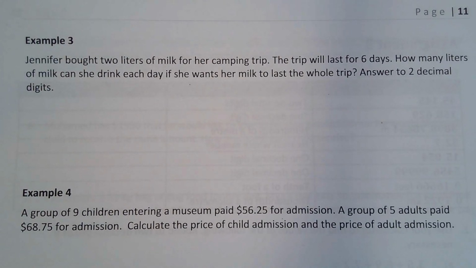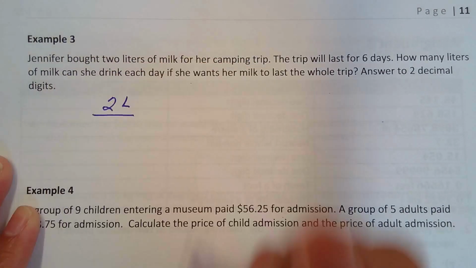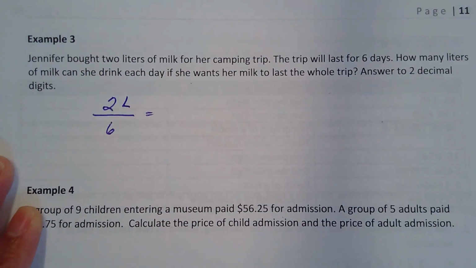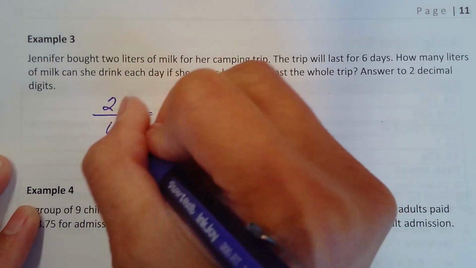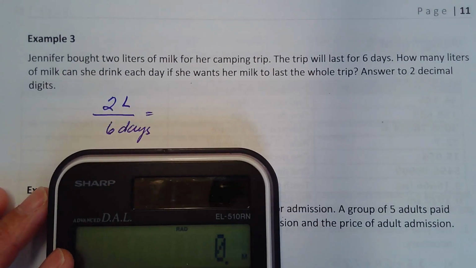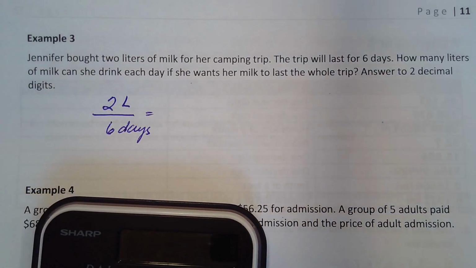Division, right? You're going to divide it up so that you can have a little bit each day. So it's going to be 2 liters divided by 6, for 6 days. So I think it's going to be 2 divided by 6. It's going to be 0.3333333, right?